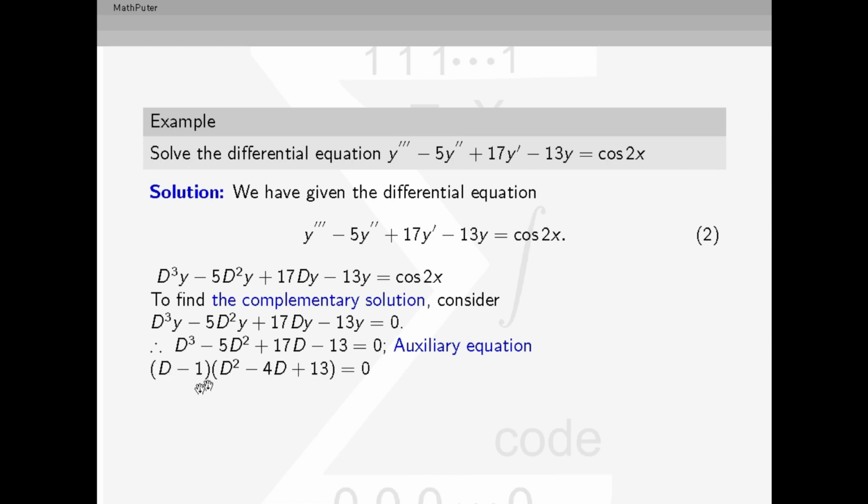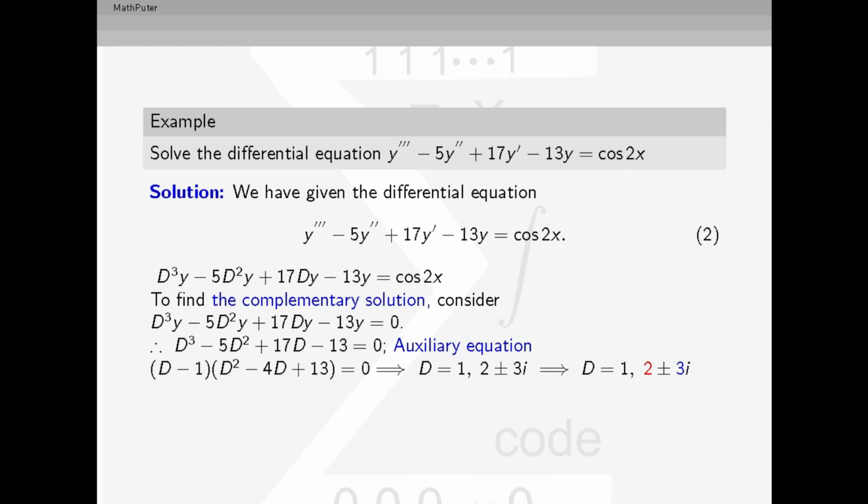So one root we will get from this factor, and this is the quadratic polynomial. You know how we find the roots. So the roots are D is equal to 1 and 2 plus or minus 3i. 1 is the real root and 2 plus or minus 3i are complex roots. So the real part is 2 and the imaginary part is 3.